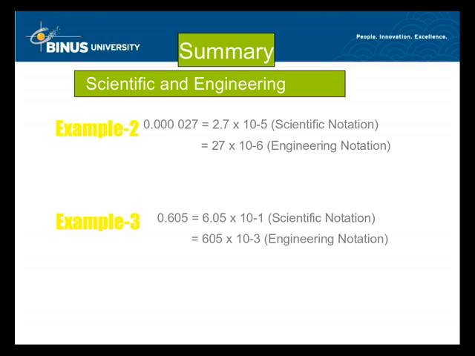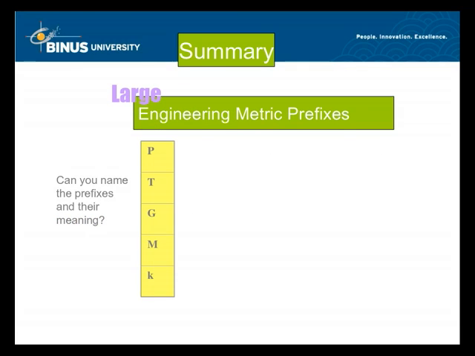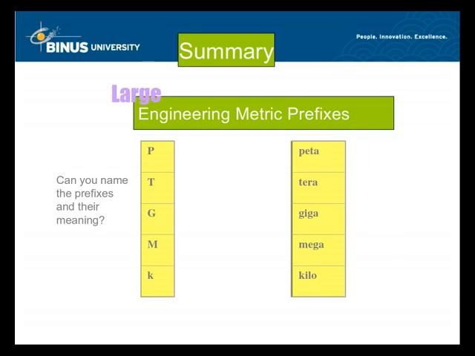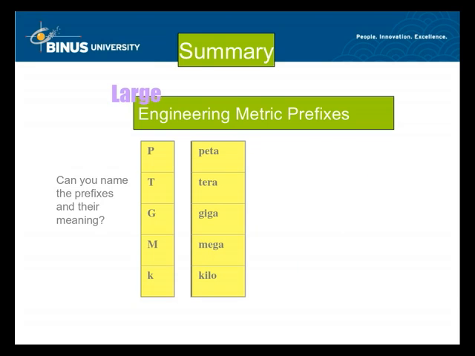In engineering, we have a prefix for our measurements or metrics. Now, can you name the prefixes and their meaning? P, T, G, M, and little k. Here are the answers and the corresponding power of 10.